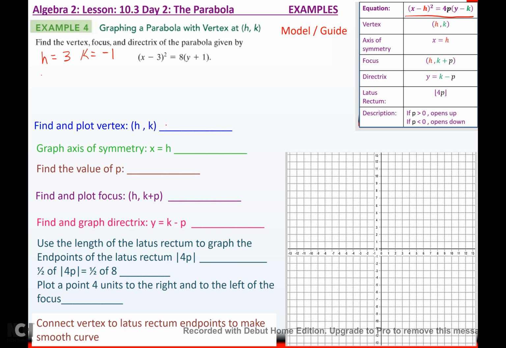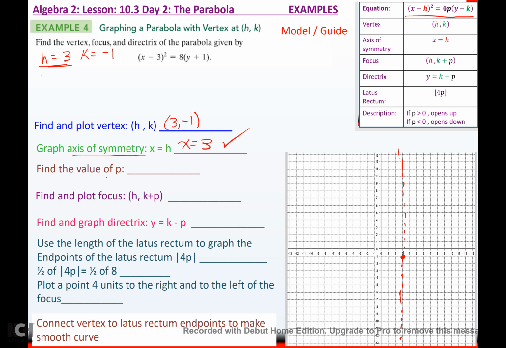So my vertex is at 3, negative 1. If I plot that, I go over to 3, down to negative 1, and plot that point. Next, they want me to graph the axis of symmetry, which is x equals h. Again, my h is 3, so it's x equals 3. To graph that, it's a vertical line through the vertex.